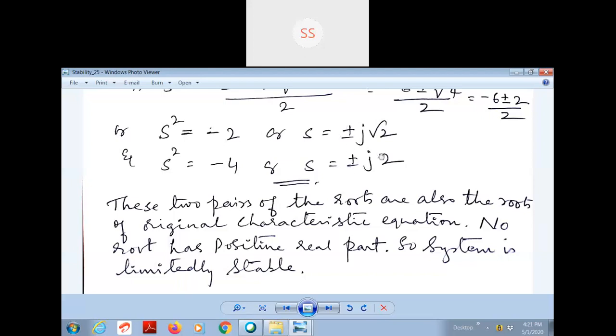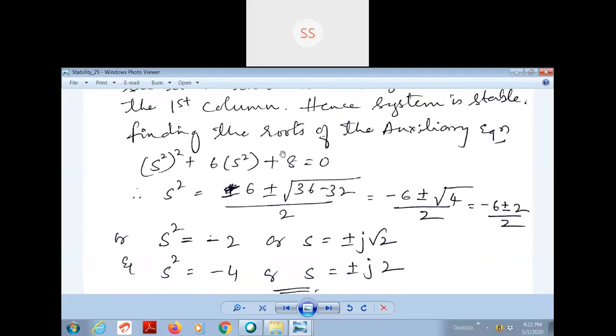But it has complex conjugate roots on the imaginary axis. That nature of the roots makes the system limitedly stable. This is the further inspection done by checking the nature of the roots obtained from solving the auxiliary equation.